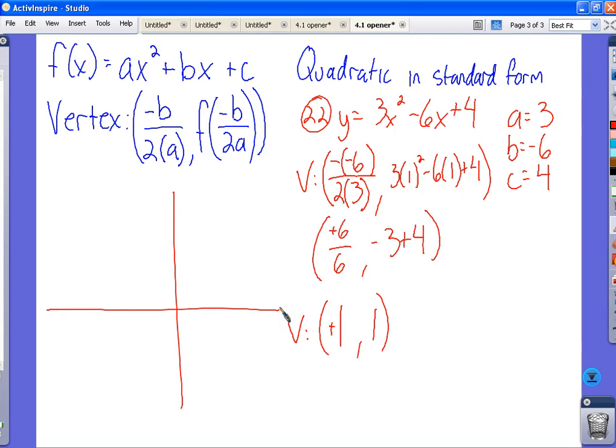Where did the negative b over 2a come from? Well, I would have to look at it and figure out how to derive that again. But for now, it just comes from, I told you.